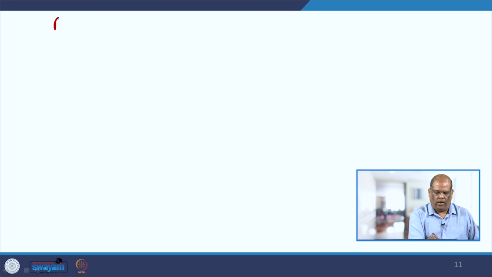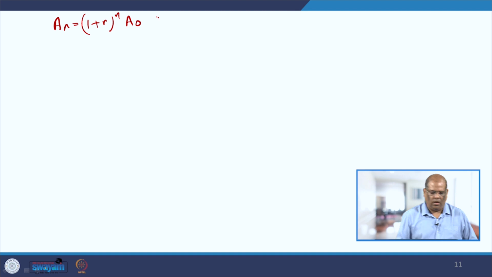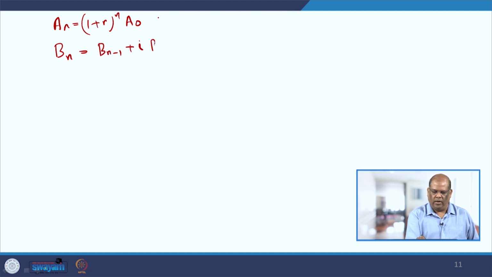So, let me write this AN one more time. This is 1 plus R to the power n A0, and let us now formulate your Bn. It is Bn minus 1 plus the interest on Bn minus 1 plus the monthly amount.